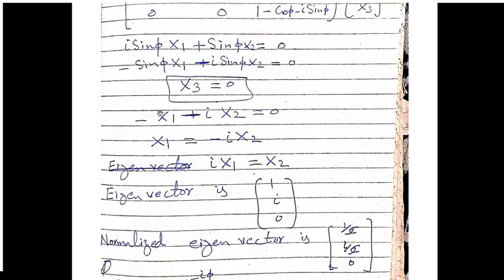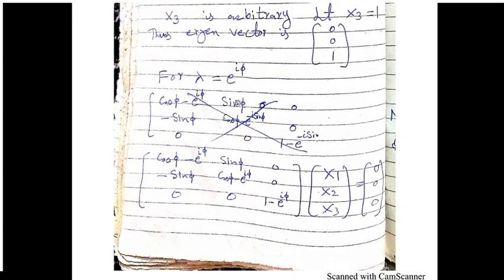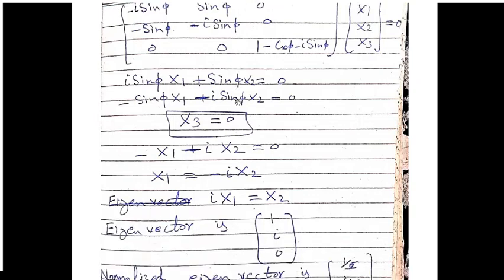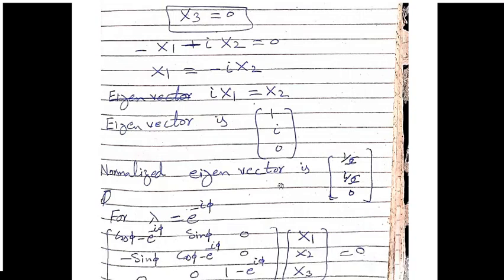But at the end you have this type of eigenvector for your eigenvalue e power iota phi. That would be 1, iota, 0. So we will normalize this eigenvector here.